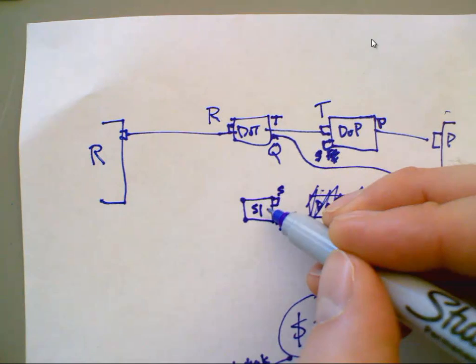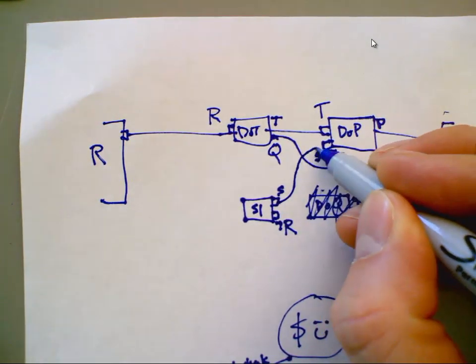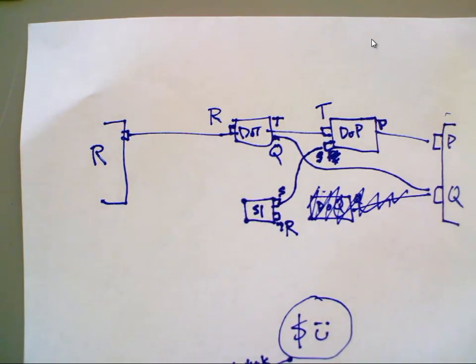Okay, so I know that S1 has to happen before do P. But this not R effect, this deletion of R, is now threatening this causal link here. Because we needed R for this do T action. And this action is going to delete it.